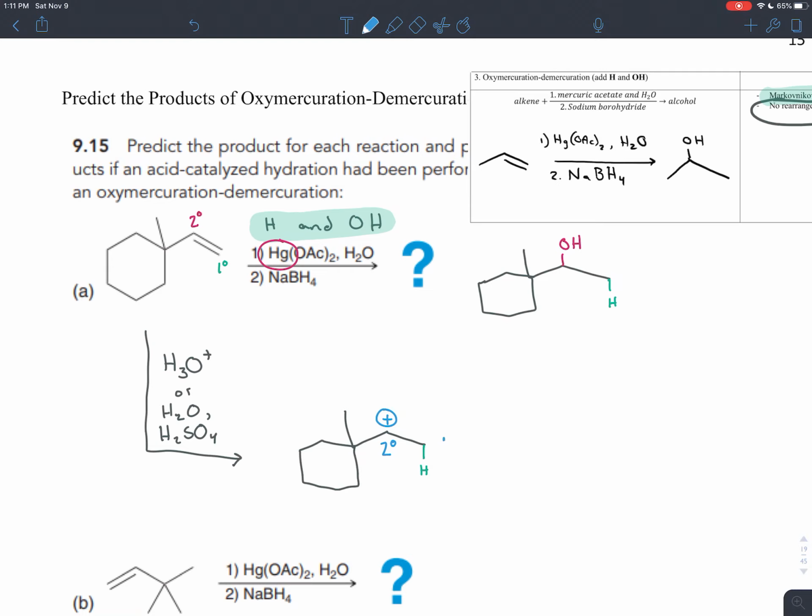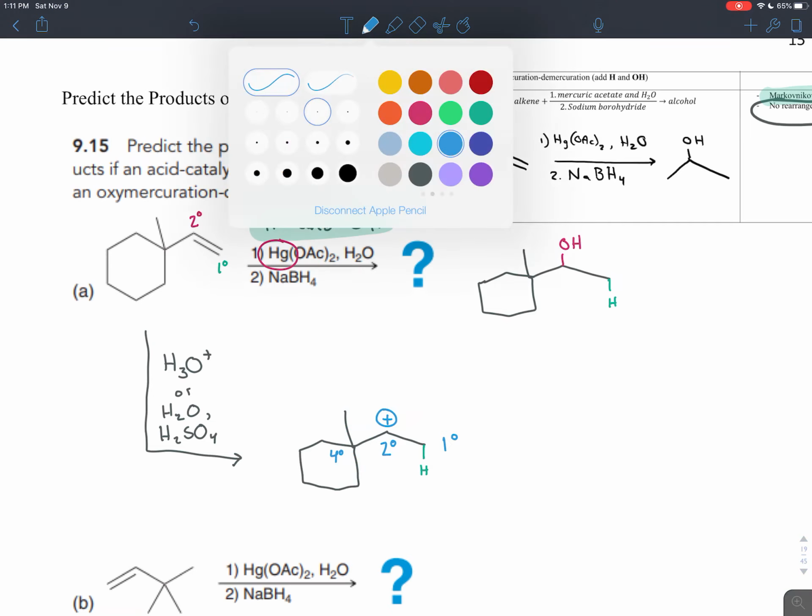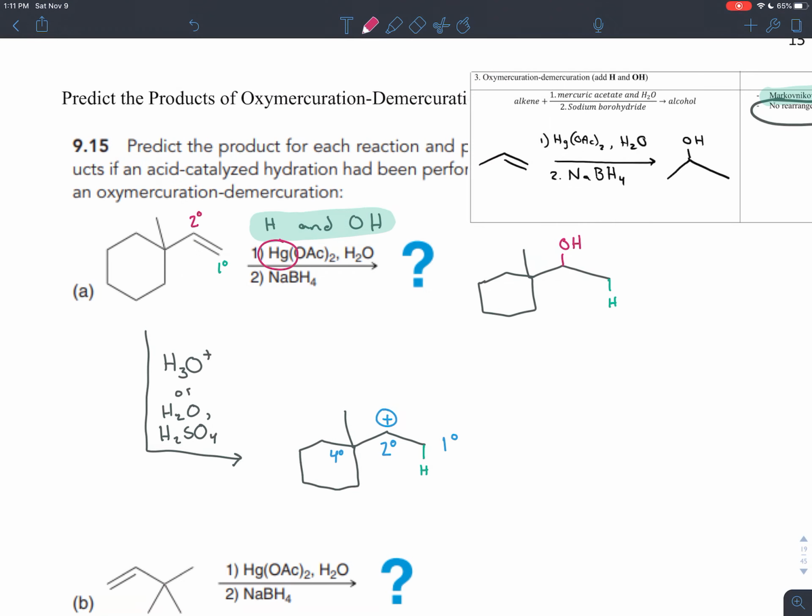Now it's secondary here. To the right, it would be primary. To the left, this carbon is bonded to 1, 2, 3, 4 carbons. Right now, it's quaternary. And if there's a methyl shift, if this CH3 picks up its electrons and moves over, then you would end up with a tertiary carbocation.